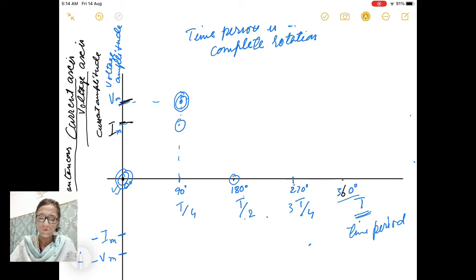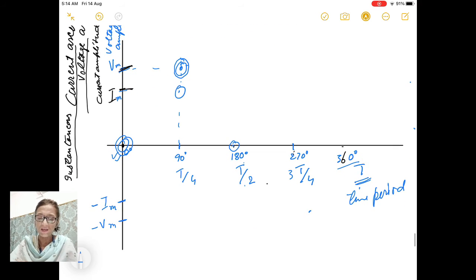So you get a point over here, and similarly in this fashion for 270 degree you will get an instantaneous voltage at this point and instantaneous current at this point, and finally at 360 degree current becomes 0 and instantaneous voltage too becomes 0.